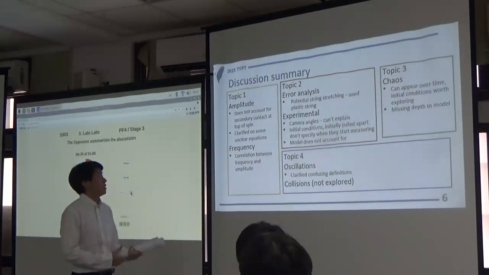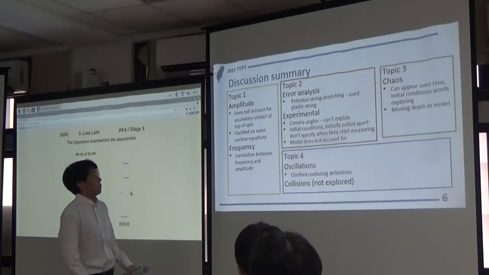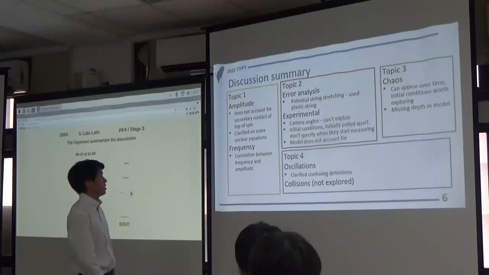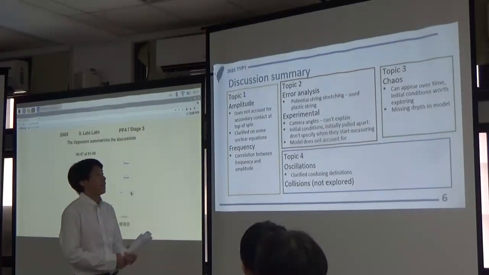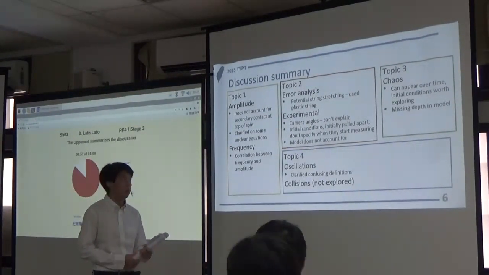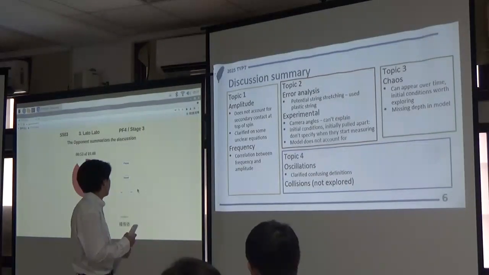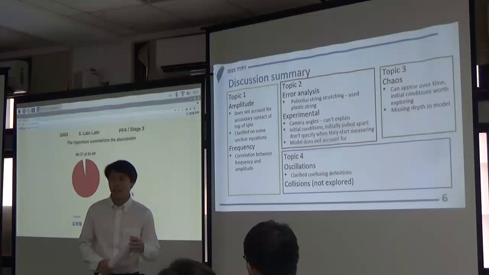Experimental camera angles: they said they have 4 initial conditions, initially pulled apart. They don't specify when they start measuring, and they don't start from rest, which I thought was pretty weird. Chaos: it can appear over time, and I think it is worth exploring for the reporter. And then oscillations: they clarified some confusing definitions, and they did not explore collisions.